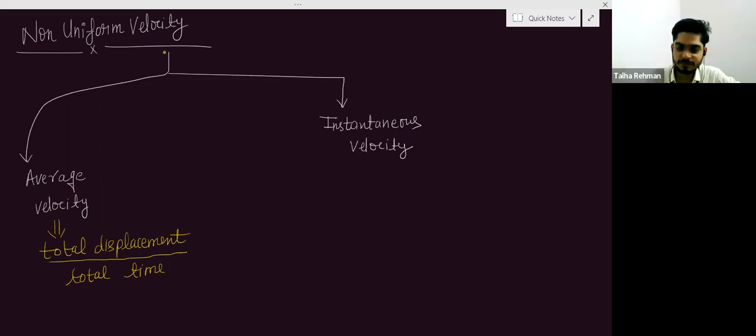If I am asking a certain quantity at the instant of time, or at a point of time, then that will be the instantaneous thing. So instantaneous velocity means the velocity at an instant of time.